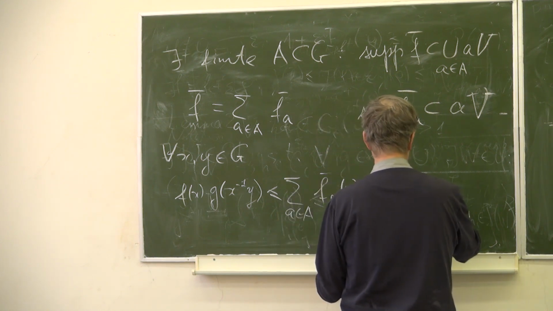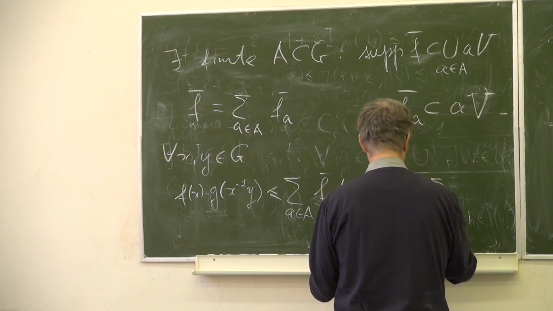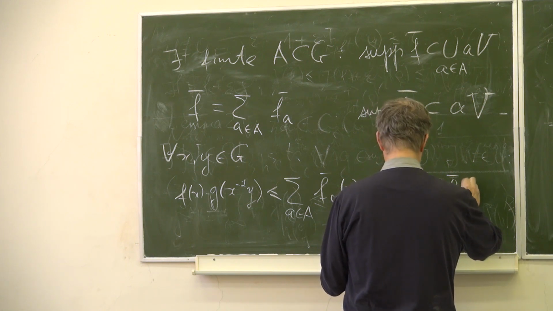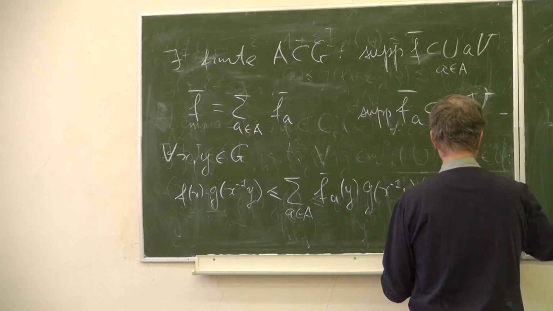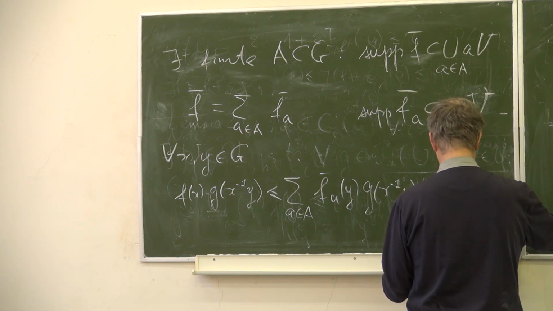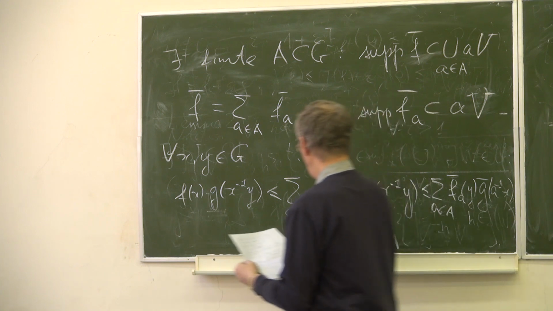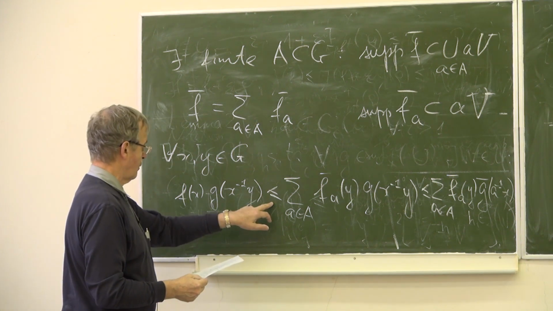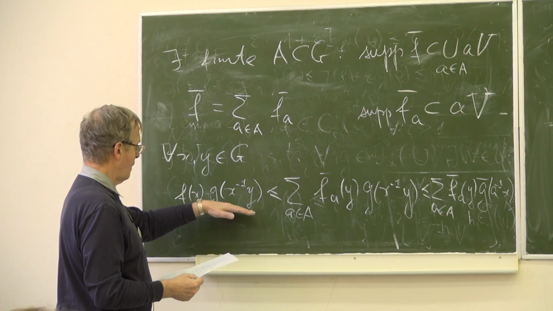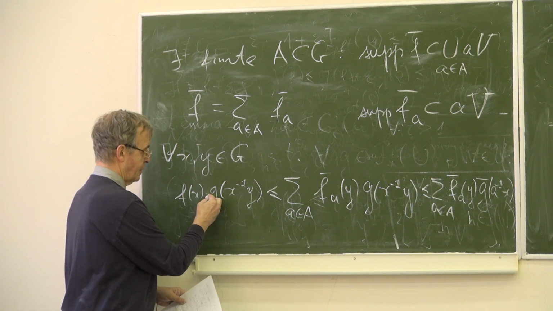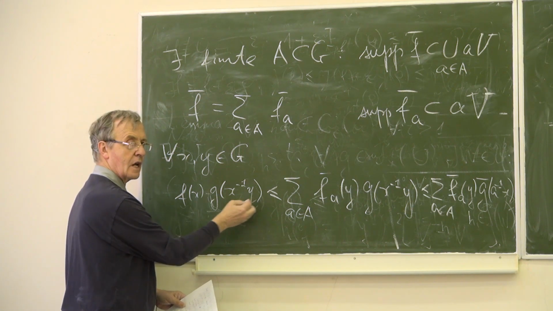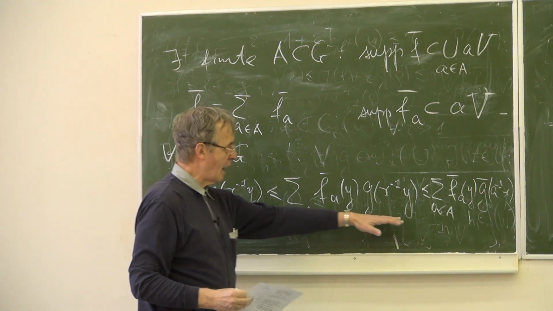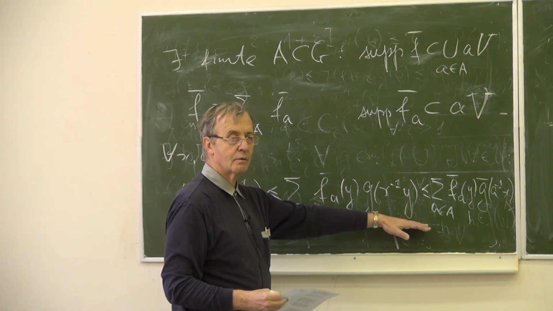And again, this is dominated by the sum over a, again in capital A, of f bar a of y, g bar of a to the power minus 1 x. So I want to explain how one can prove this. The first inequality, of course, we may verify only for those points for which this thing is positive. If this is 0, then there is nothing to prove. So I claimed some inequality. I want to explain why it is true.